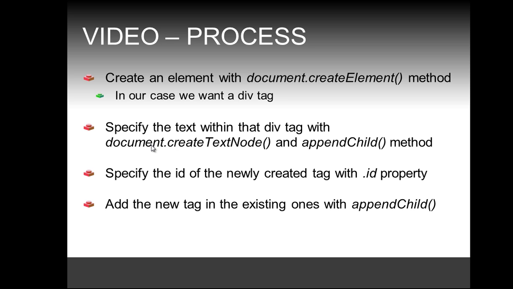Now, more specifically, how to do that: we're creating an element with the createElement method, which is part of the document object. In our case, we're going to create a div tag. Then we're going to specify text within that div tag with the document.createTextNode method.